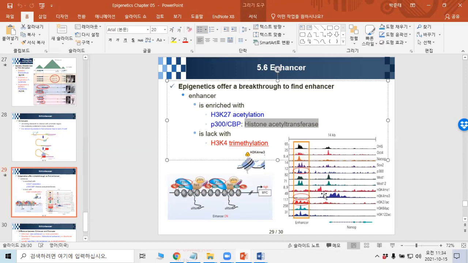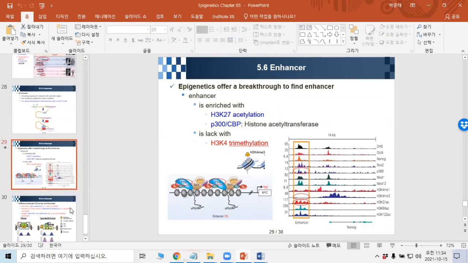Based on these three, they are highly enriched with H3K27 acetylation and P300, but lack H3K4 methylation, so we can assume that this region is the enhancer. You have to understand this concept. In the actual exam, you have to find the enhancer region based on this data.